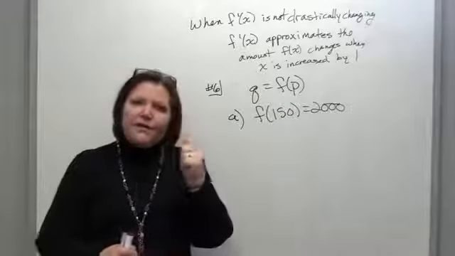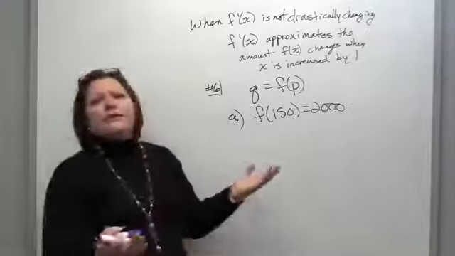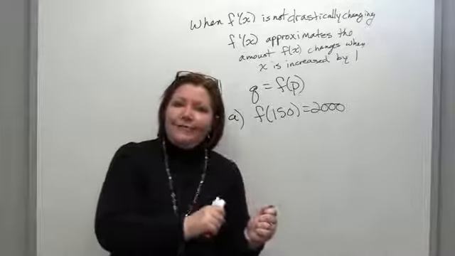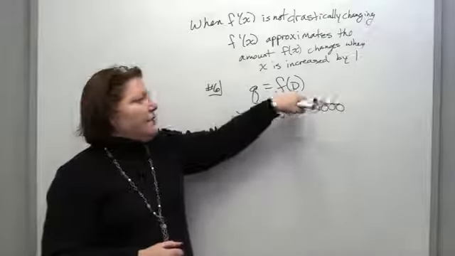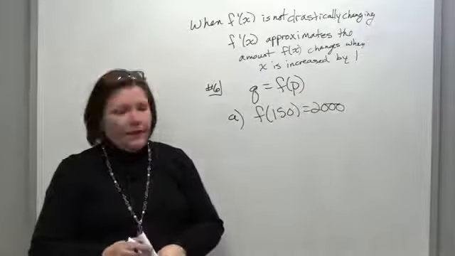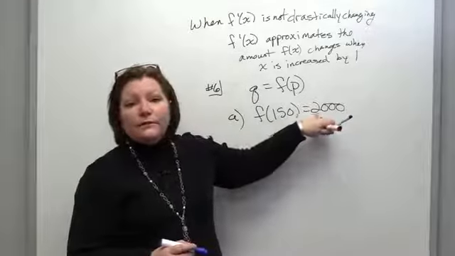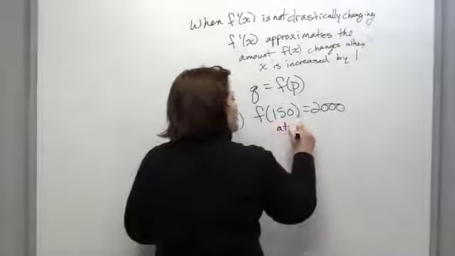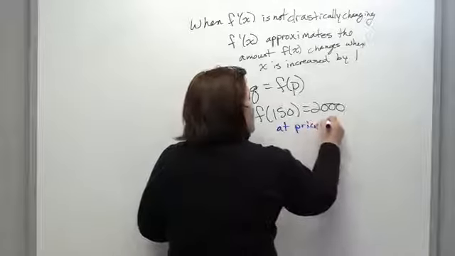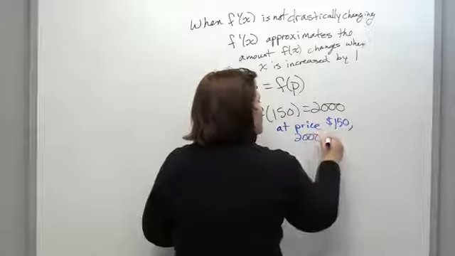We have to remember what is our x value and what is our y value, but we have P's and Q's. What is our independent and what is our dependent variable? The 150 is the price. And what we get out is how many we sell. So at a price of $150, 2,000 items are sold.